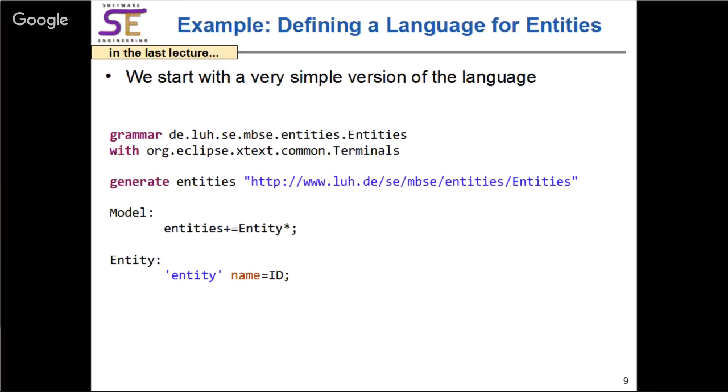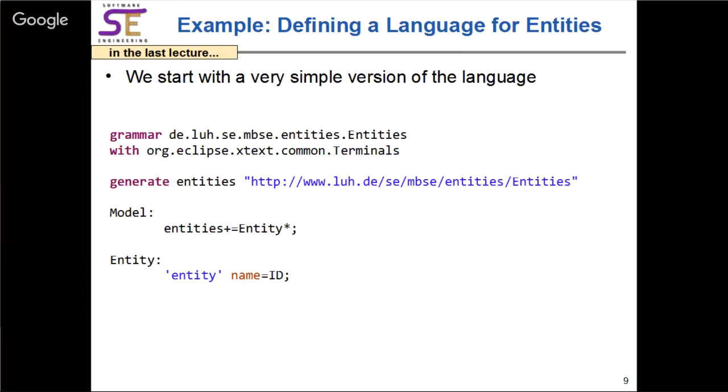And so this would be the simplest, a very simple Xtext language definition file, where you see a couple of things. First of all, the grammar just defines a syntax which allows you to define entities.